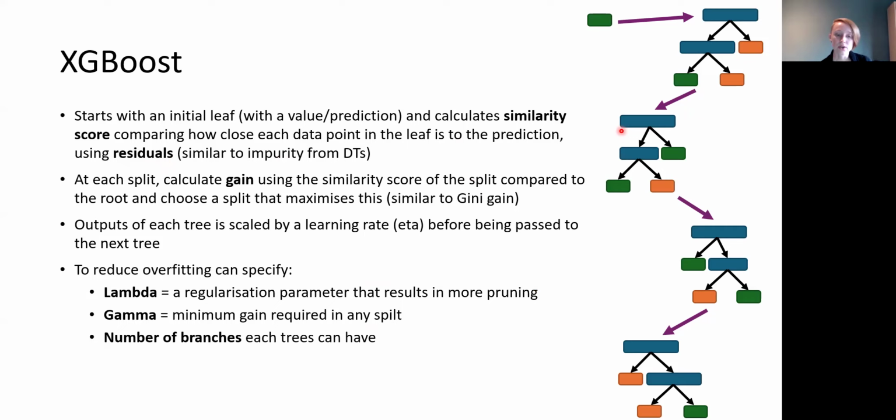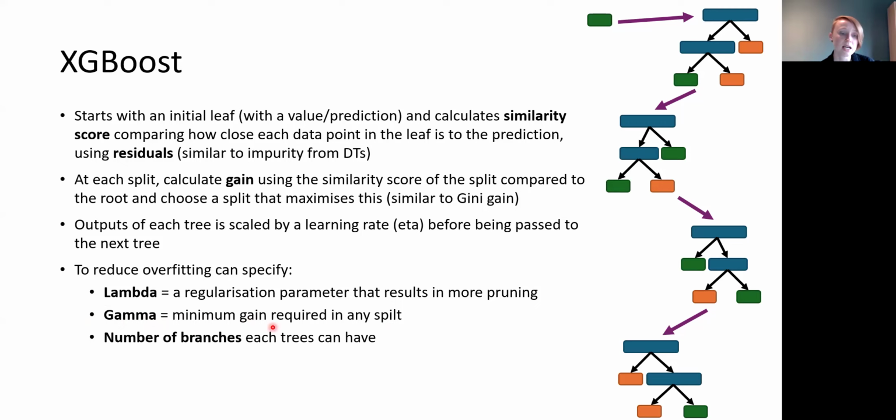Other ways we can reduce overfitting may look familiar from some previous sessions as well. Lambda is a regularization parameter that essentially results in more harsh pruning of our trees, so we have fewer levels. We can also set gamma, which is the minimum gain required in any particular split. If you have a split that does not have a gain that meets this value, then you would just stop the tree at that point.